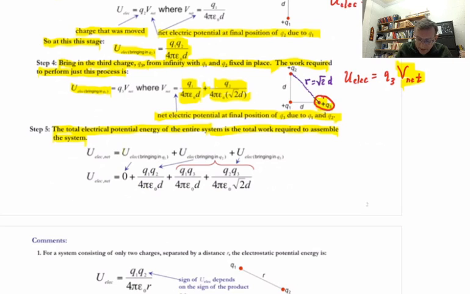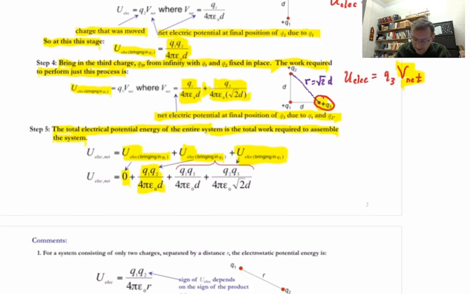The electric potential energy involved in bringing in Q1, nothing. That was the first one. That was a blank slate. I got that one for free. Next, the electric potential energy for bringing in Q2 after Q1 was just that. Q1, Q2 over 4 pi epsilon 0 d. Then the most complicated piece is the electrical potential energy involved with bringing in Q3 after Q1 and Q2.